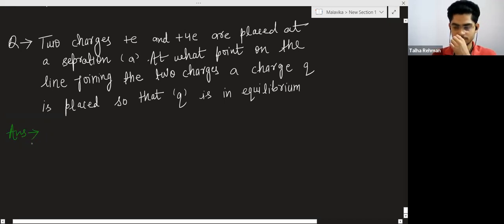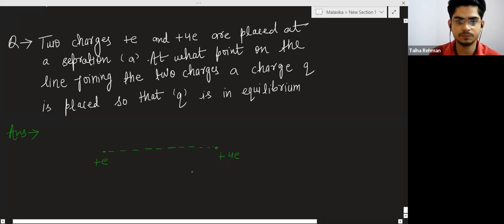So this is the question. Simply, we will follow the statement of the question. Here is a charge and here is a charge. This is the line joining the two charges, and you can put any charge anywhere. I am putting plus E charge here and plus 4E charge here.